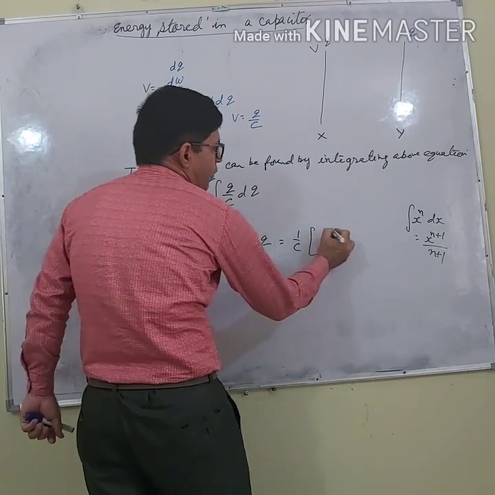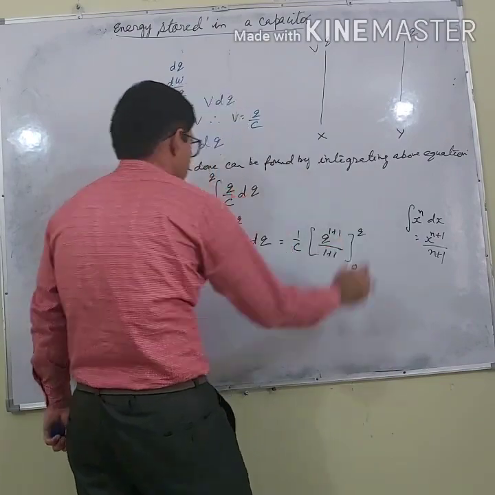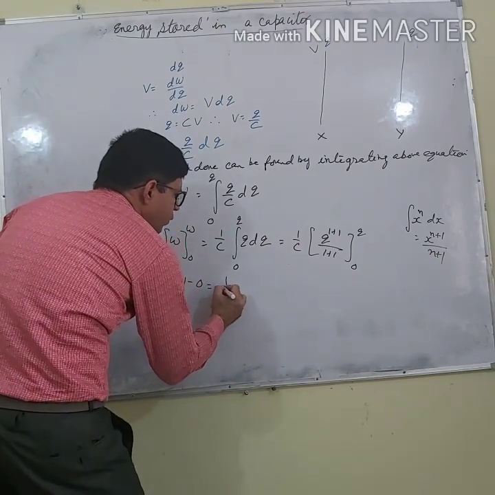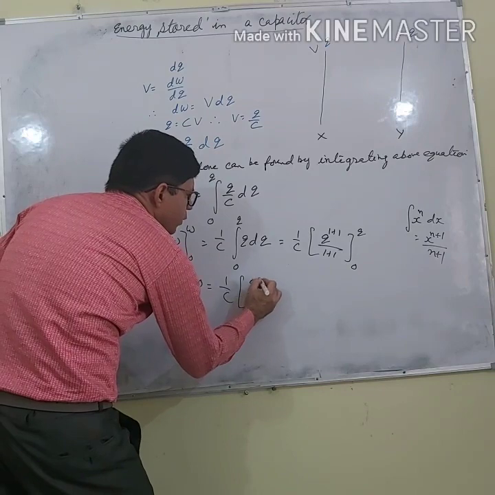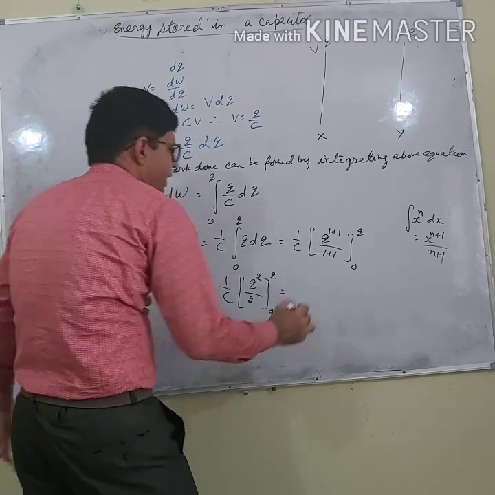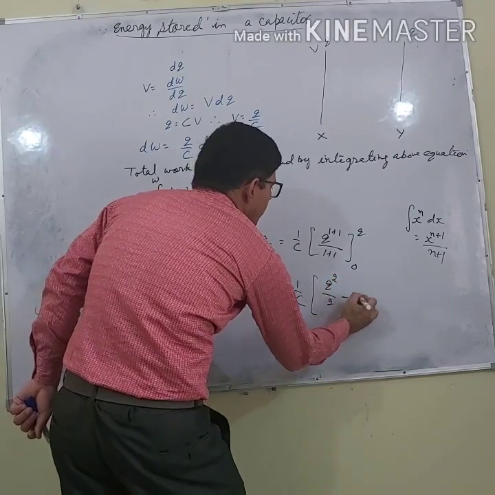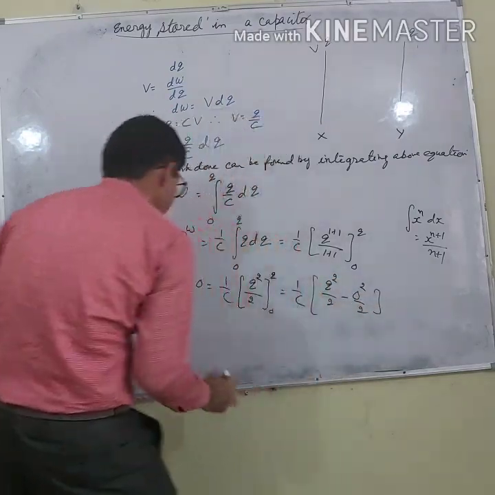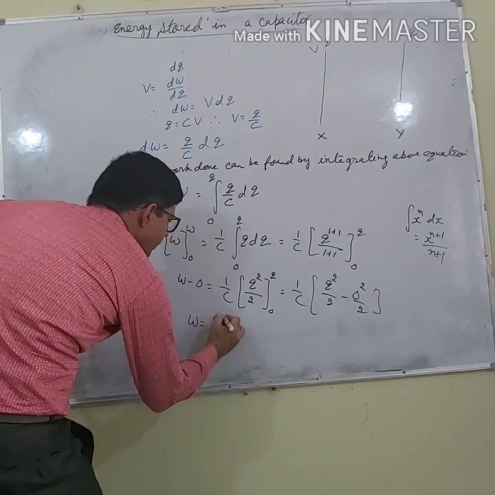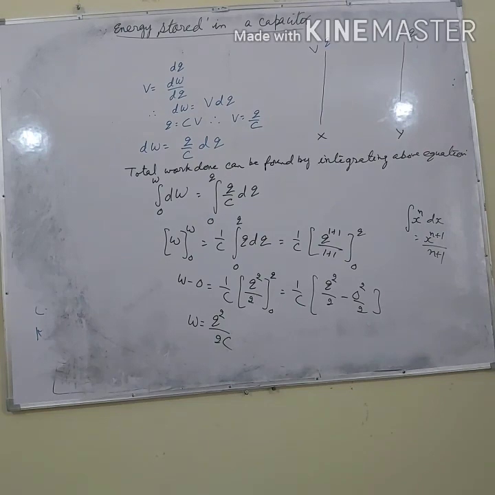Here n is 1, so Q^(1+1) divided by 1+1, limits 0 to Q. So W minus 0 equals 1 by C times Q square by 2, limits 0 to Q. If I open this, 1 by C, Q square by 2 minus 0 square by 2, I can say this work done equals Q square by 2C.